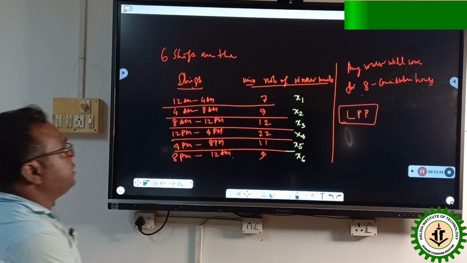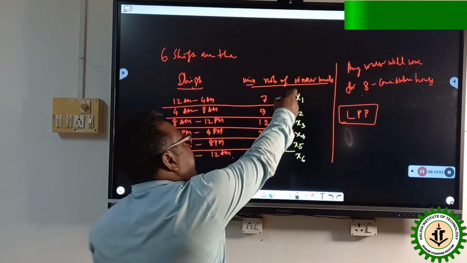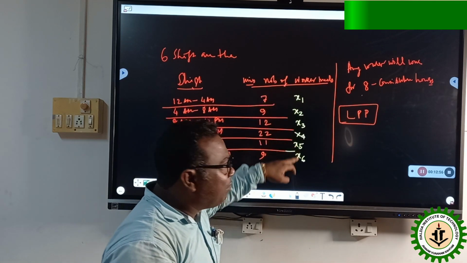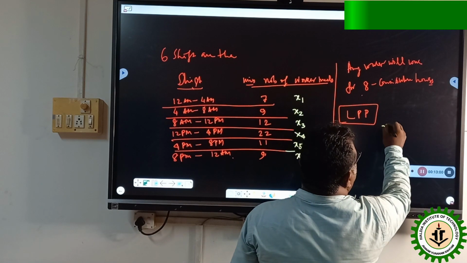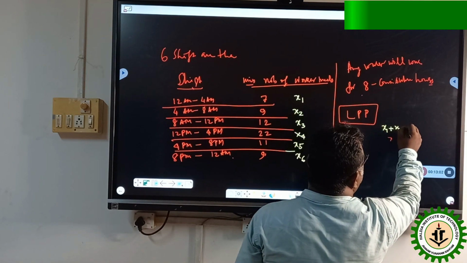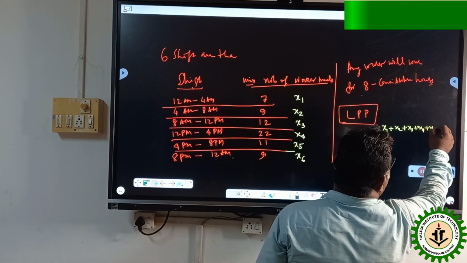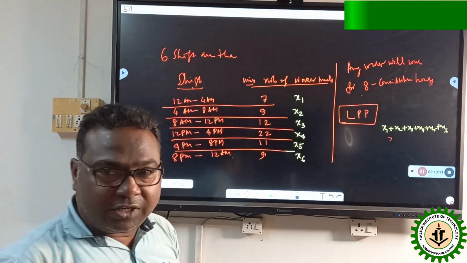Now the question arises, how will we formulate this? In the whole day, the 24-hour system, the total number of workers entering is x1 plus x2 plus x3 plus x4 plus x5 plus x6. It is obvious.